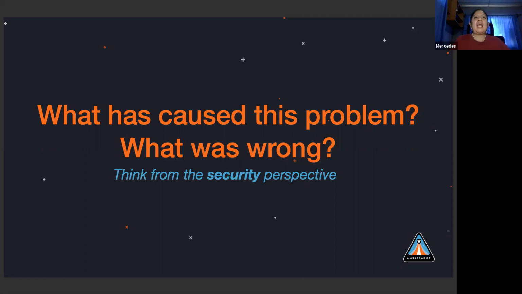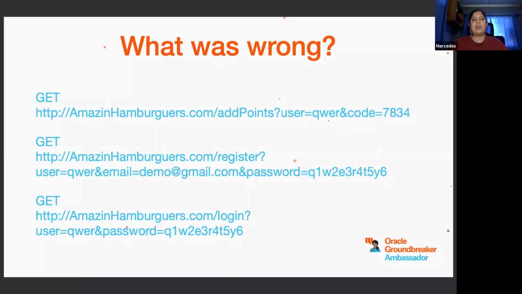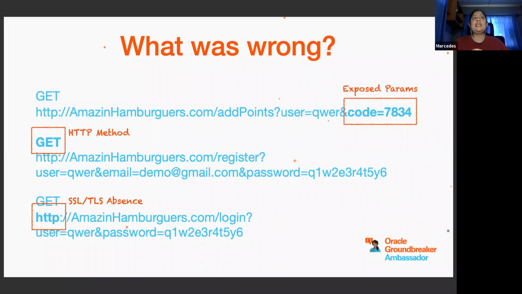So I will tell you what happened. The developers of that application created a REST API that was consumed in a certain way. Maybe not everybody can see this at the beginning, but one of the things that happened is that we were sending all the information from the application as query params.